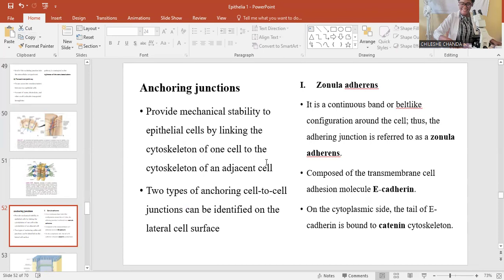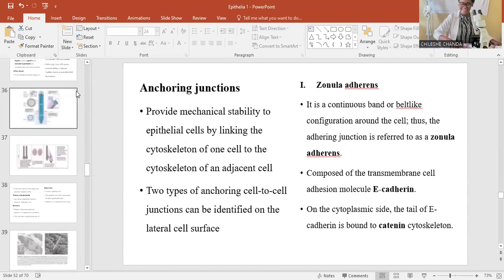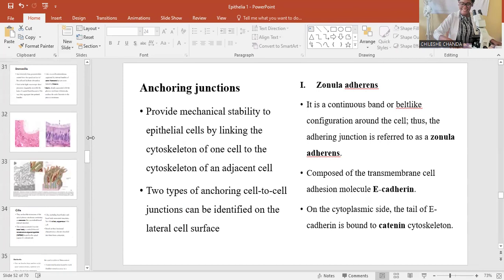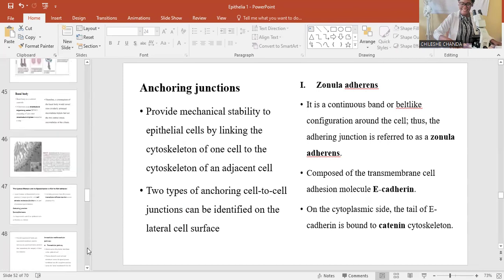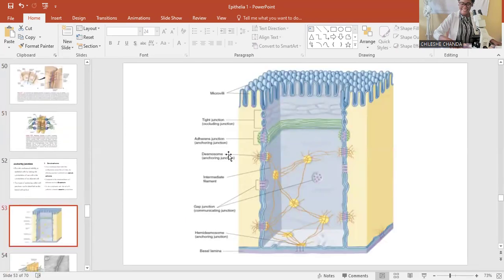Remember, when we were looking at the cell, I told you that the cytoskeleton will be found close to the cell membrane. So those cells, the cytoskeletons will be held together by these anchoring junctions. You remember I said this is one cell, this is another cell, this is another cell, and you have cytoskeleton right there under the cell membrane.